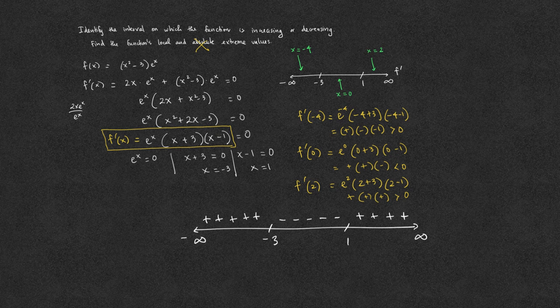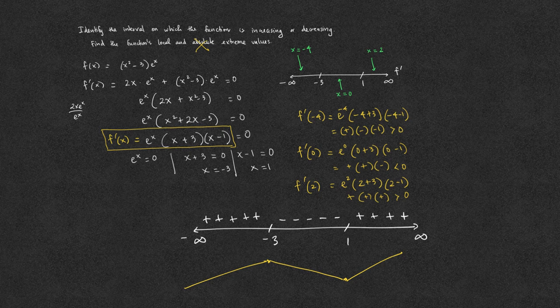From this sign chart, we see that the function f is increasing, and then decreasing, and then increasing. That is, f increases from negative infinity to negative 3, then decreases from negative 3 to 1, and then increases from 1 to infinity.